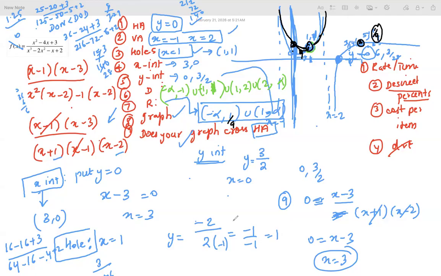I just want to graph this, guys. X square minus 4x plus 3. Let me do it in Desmos and see. I feel like still there is a mistake on the range. Give a minute.